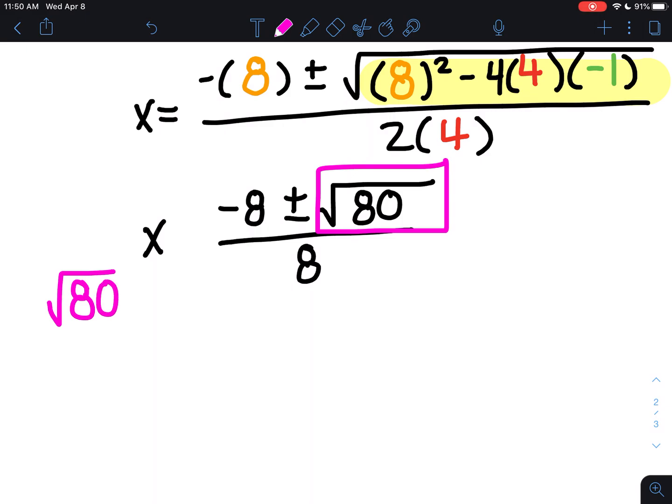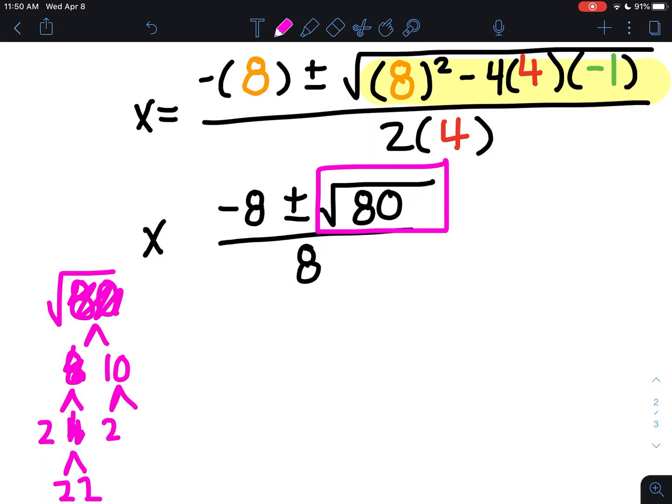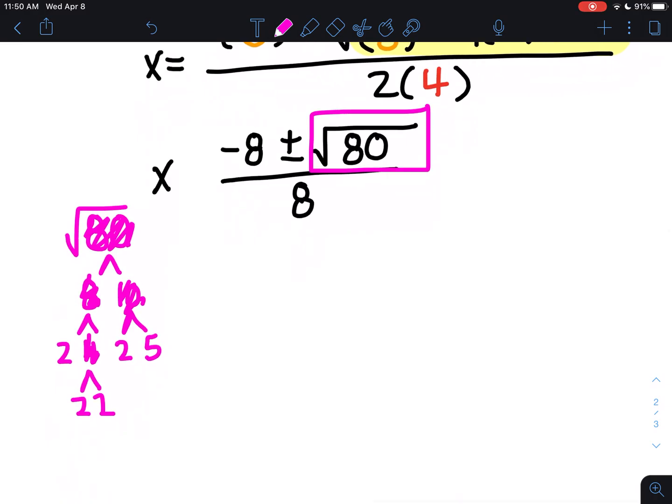80 is not a prime number, so we can simplify. I'm going to simplify this to 8 times 10. 8 can be factored to 2 times 4. 2 and 2. 10 can be factored to 2 and 5. So our prime factorization here is 2 times 2 times 2 times 2 times 5.